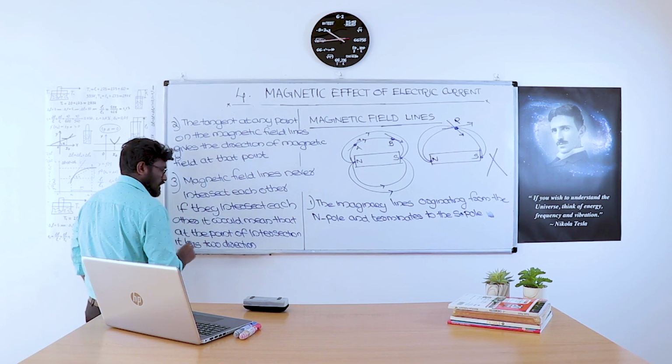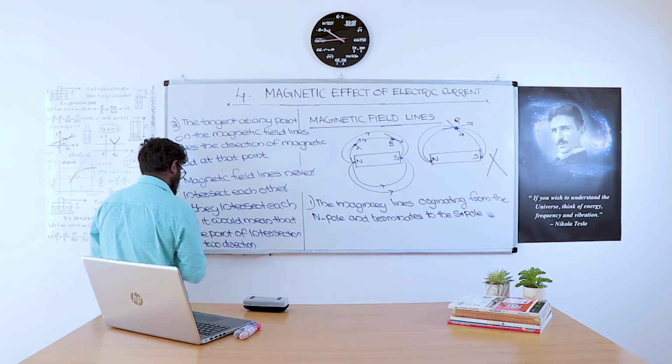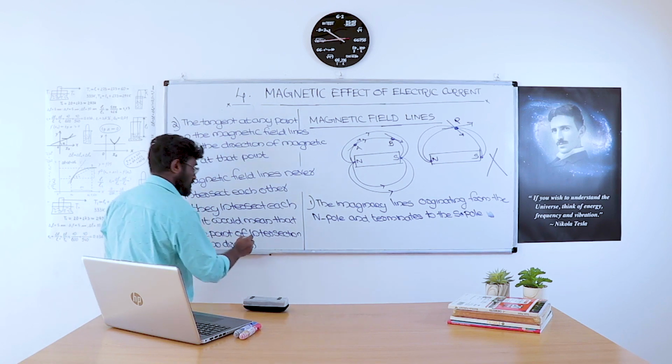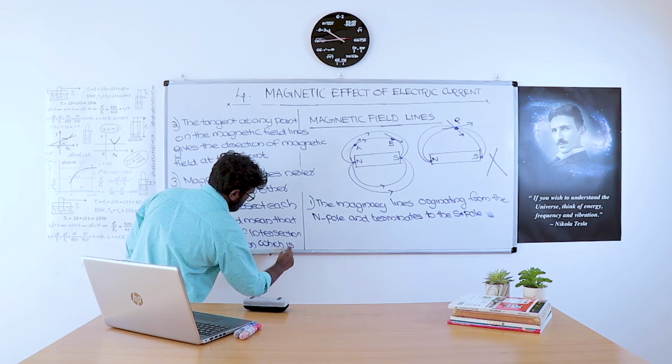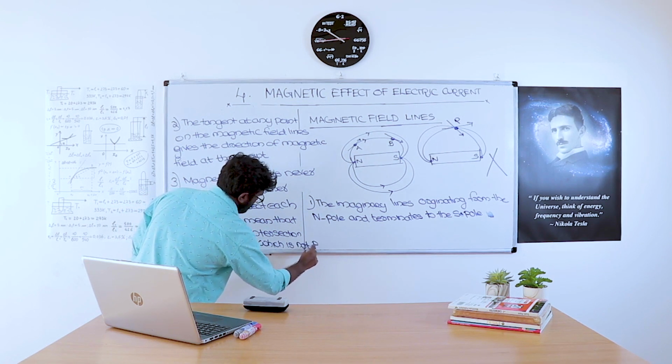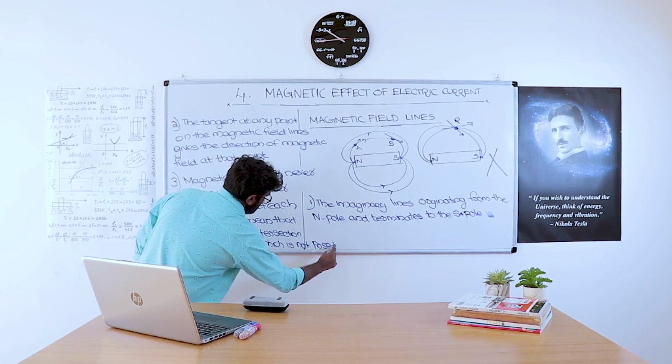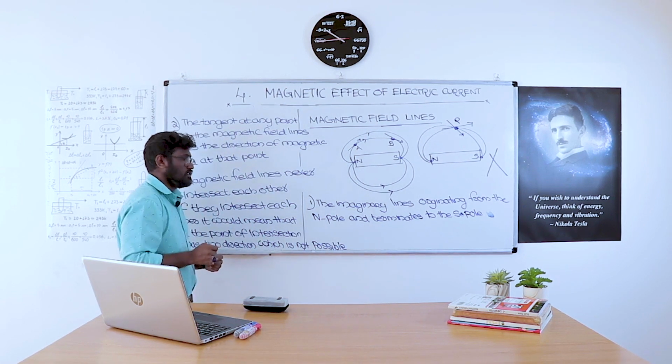It means magnetic field has two directions. At the point of intersection, magnetic field has two directions, which is not possible. So this is the thing.